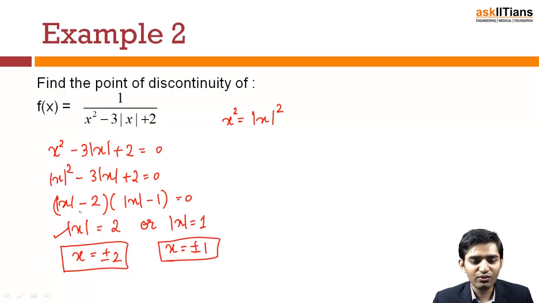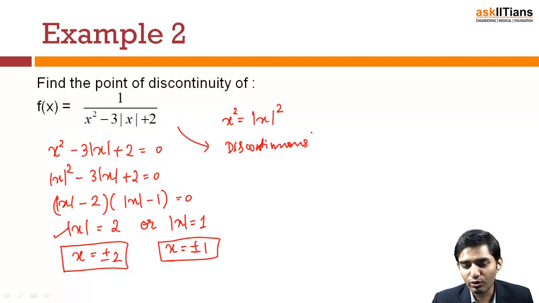So this function will be discontinuous at which 4 points? Here the denominator will go 0, so this function will be definitely discontinuous. It will be discontinuous at x equal to -2, -1, +1 and 2.